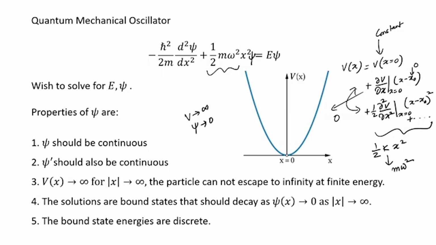I apologize for not writing the psi here, there should be a psi there. The second term demands that the wave function vanish at x equal to infinity. So, the particle cannot escape to regions where x is very large, and the solutions are bound states that should decay, with psi going to 0 as mod of x goes to infinity on either side.